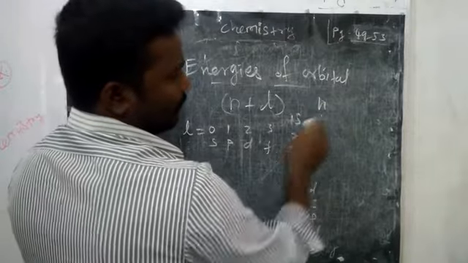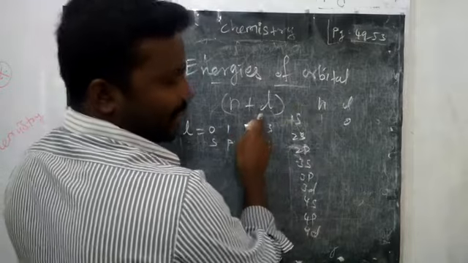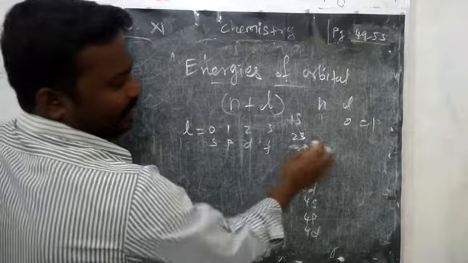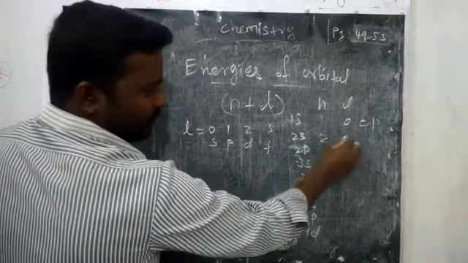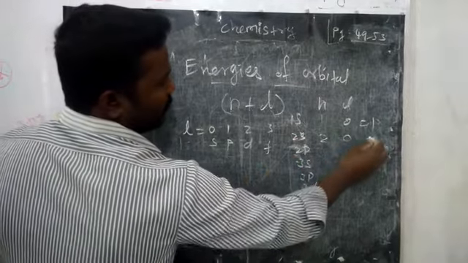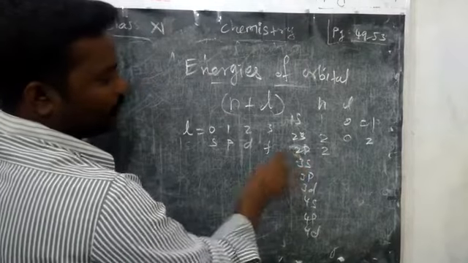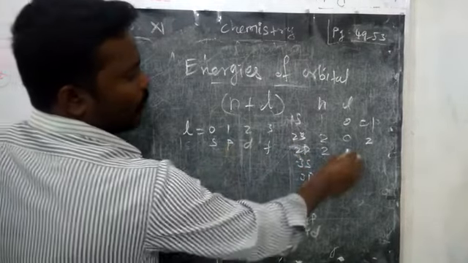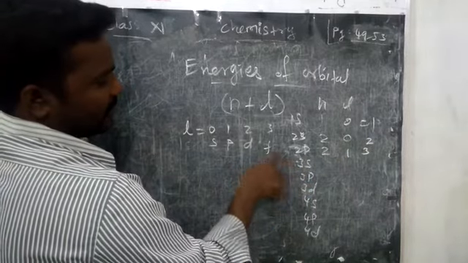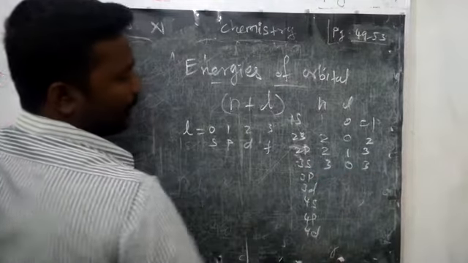What is the n value for 1s? 1. Then L value 0. If you add n plus L, it becomes 1. For 2s, n value 2, L value 0, so 2 plus 0 is 2. Then 2p: n is 2, L for p orbital is 1, so 3. 3s: n value 3, L value 0, 3 only.